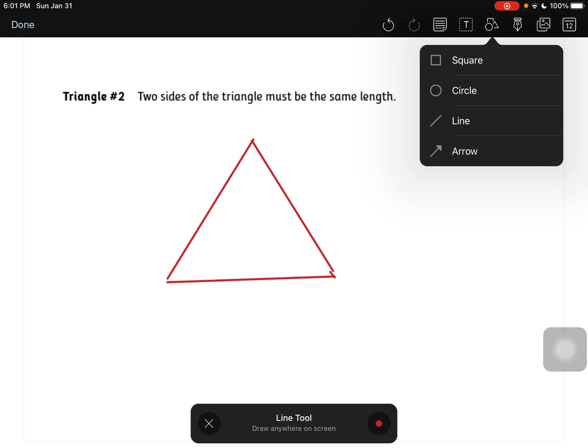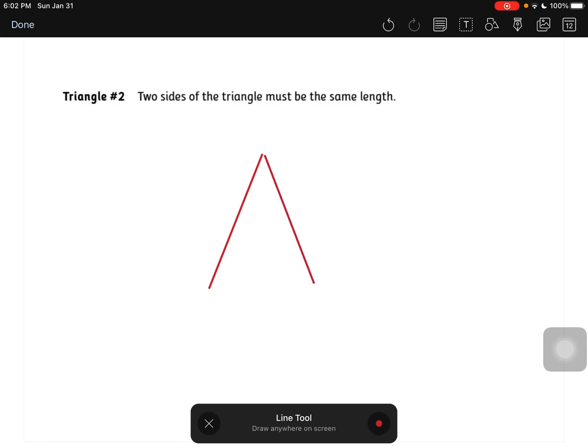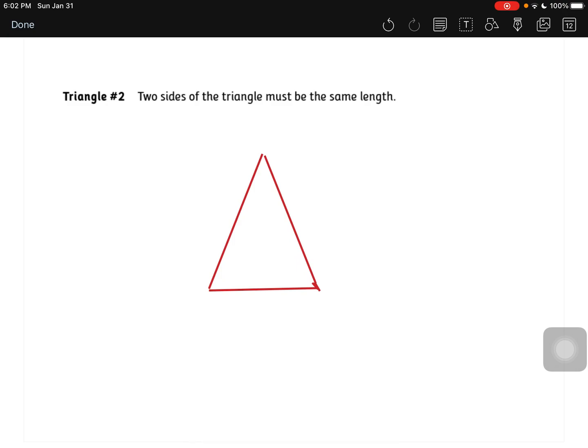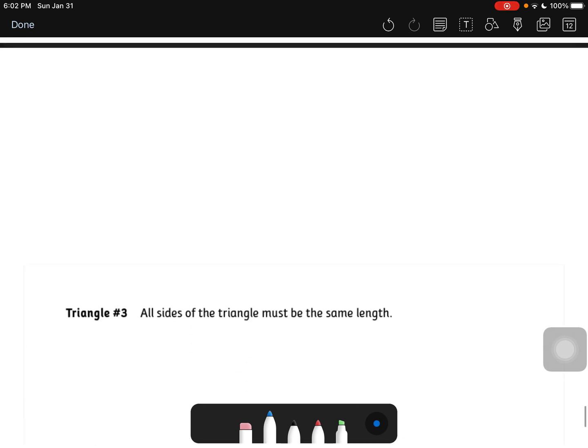Let me try this again. I'm trying to make it a little bit skinnier. Something like that. Okay, well, pretty close. All right, so if this side and this side are the same, then I have 2 sides that are the same length. Okay, that's good enough for that.